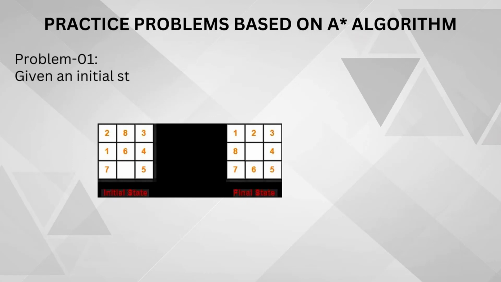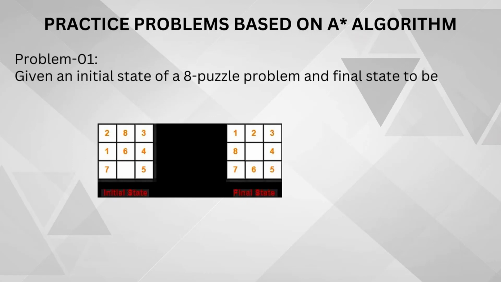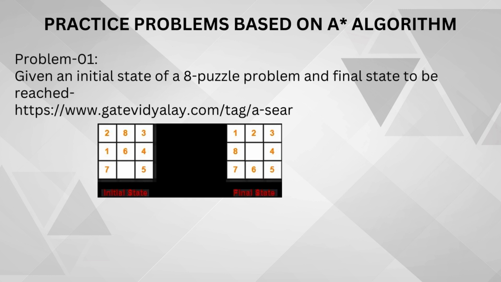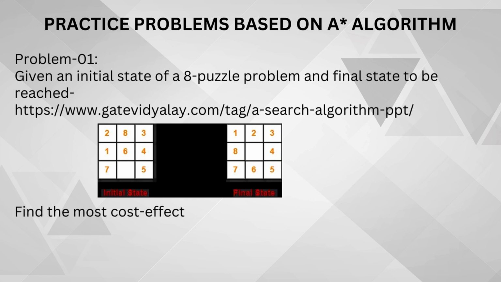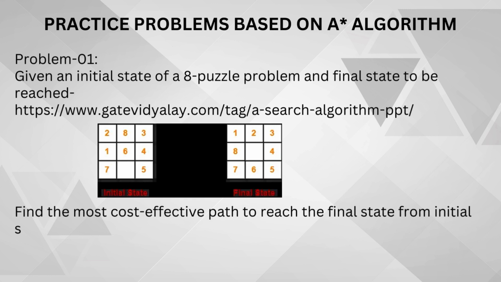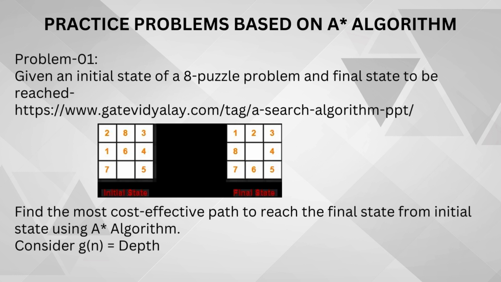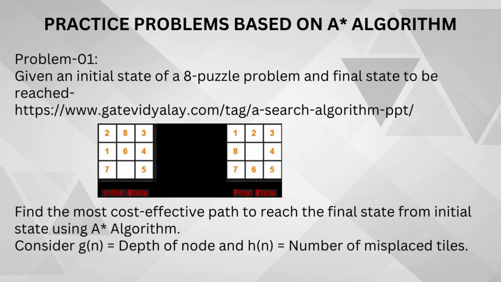So, this is all about the algorithm. Now, let us practice some problems based on A star algorithm. Problem 1. Given an initial state of an 8 puzzle problem and final state to be reached. So, here we have the diagram which has the initial state and the final state.